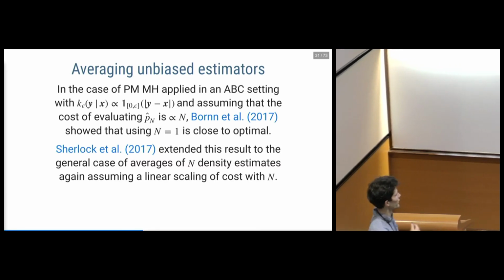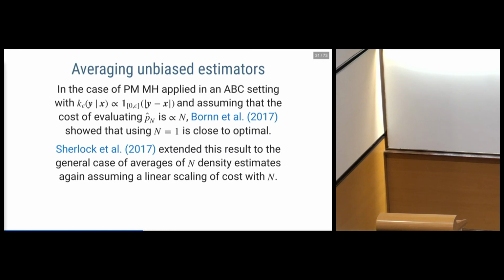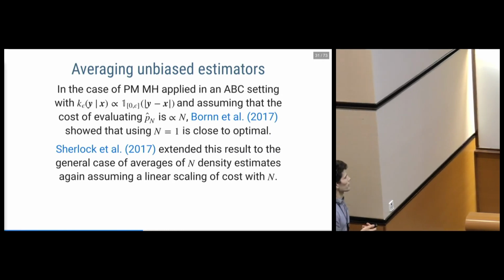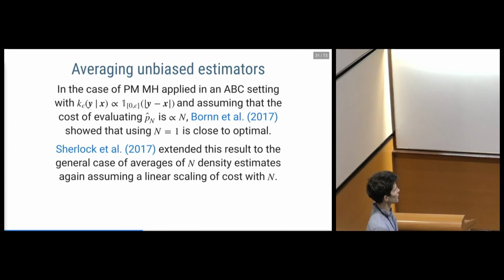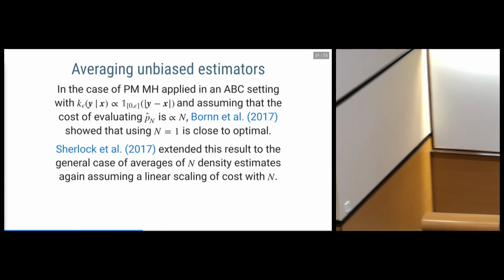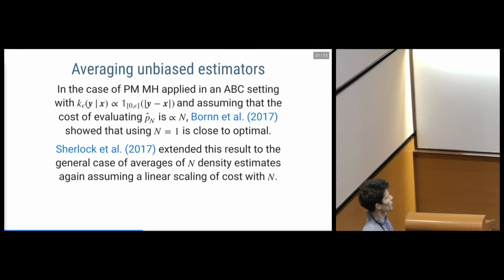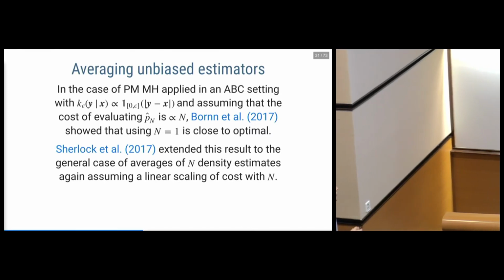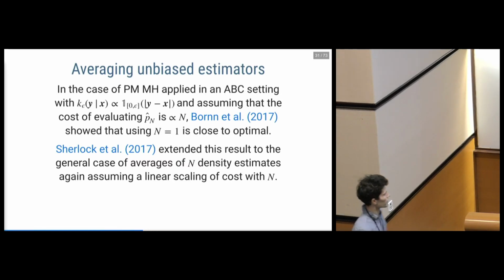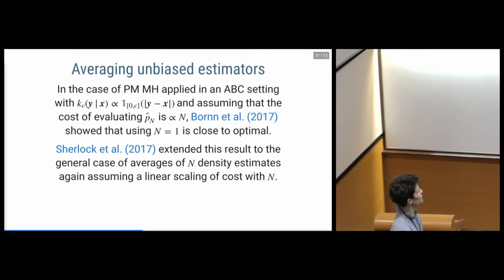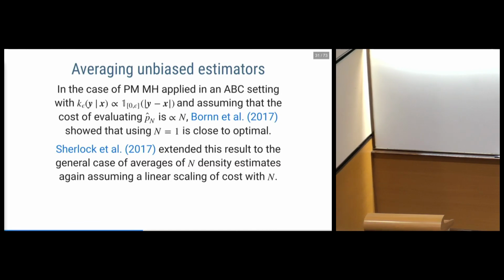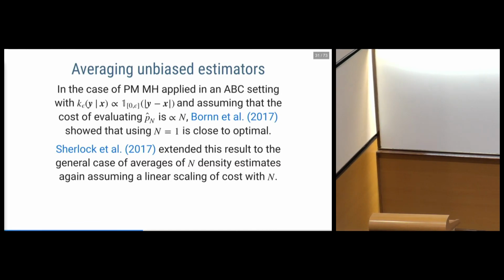And for people from a particle MCMC type context, this might seem at first counterintuitive because in that setting it is very much the case that the number of particles we use in our particle filtering based estimate of marginal likelihood is key to determining the success of particle MCMC methods. But the estimators we use in that case don't have this simple form of an average of unbiased estimators, and so all of the results in these papers don't apply.